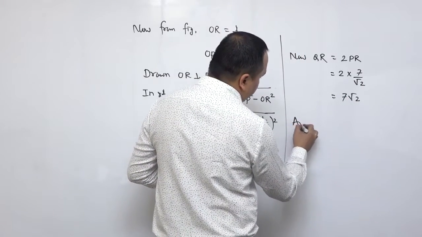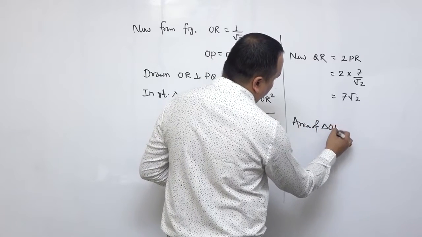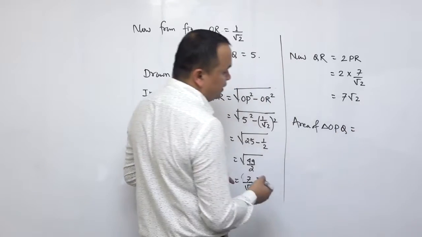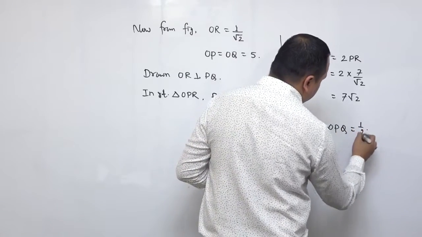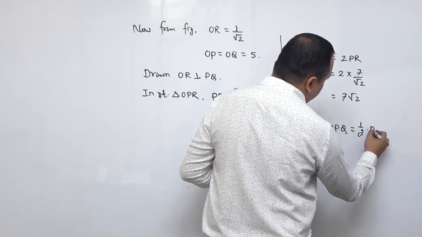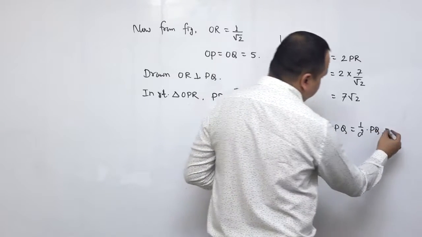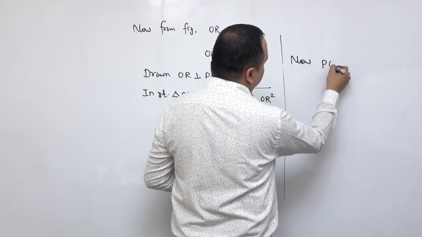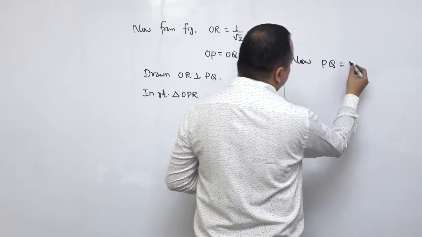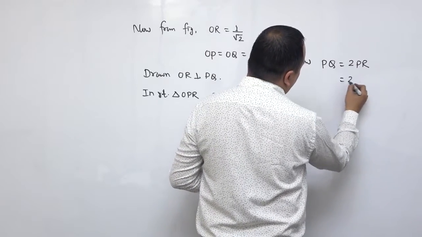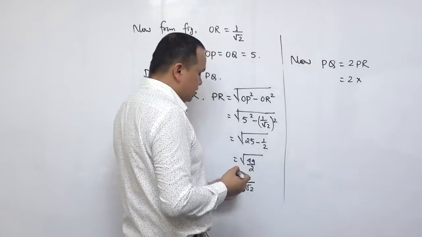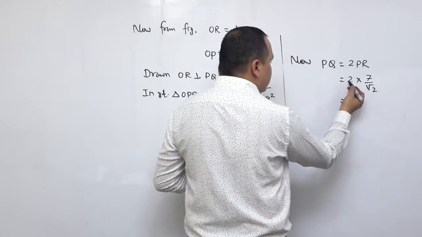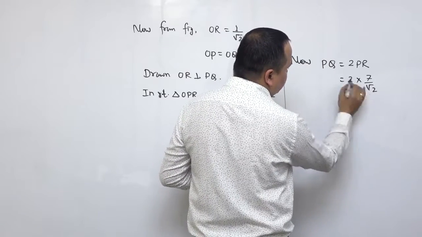The area of triangle OPQ is half base PQ into height PR. 1 upon 2 PQ, PQ is 2 times of PR, 2 into PR. We have PR is 7 upon root 2. The 2 is root 2 square, root 2 cancel out.